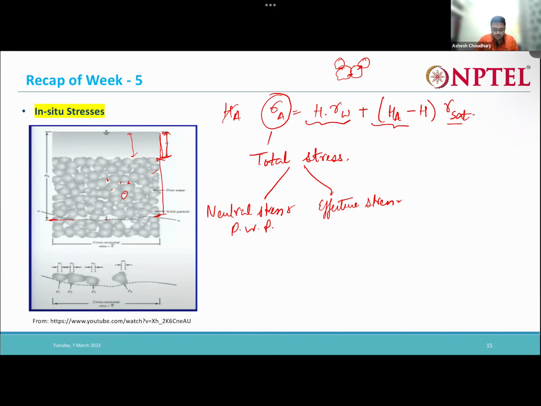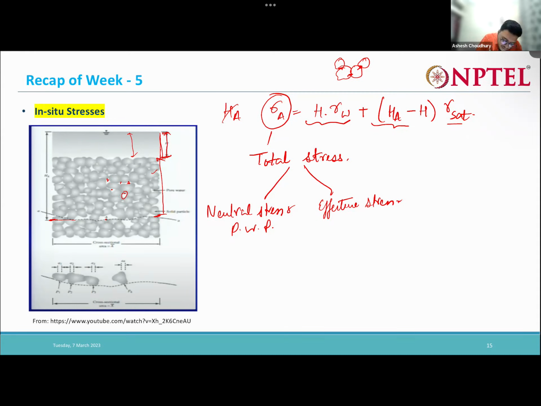So now, why effective stress is important is that all the concepts of the strength of soil are actually based upon this effective stress concept, because the load that is actually being carried by the soil itself is nothing but this effective stress.